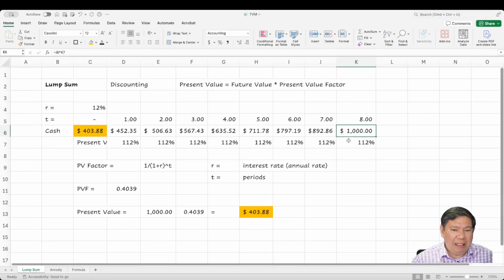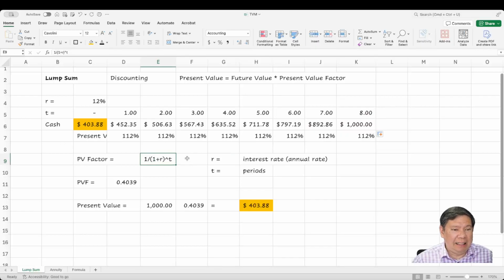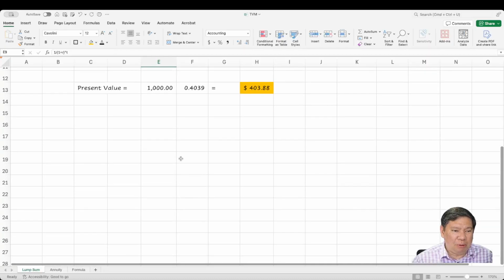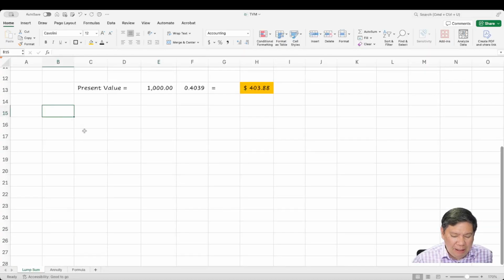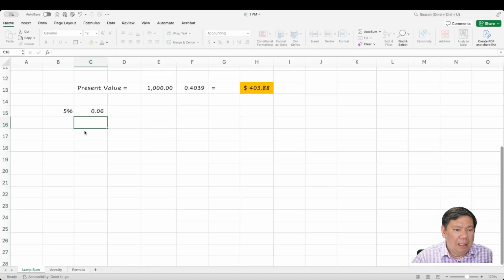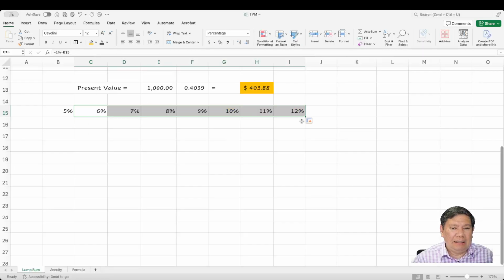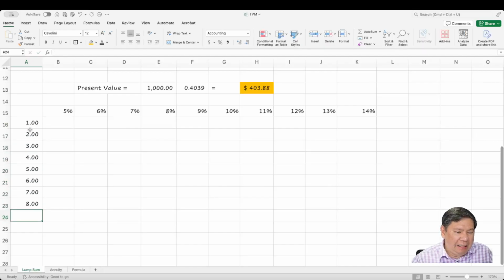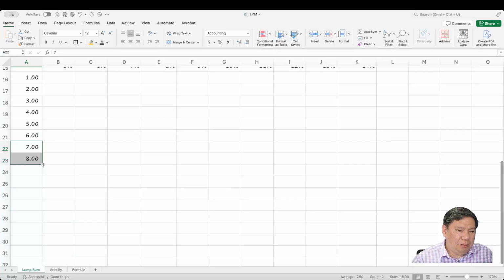This is a simple calculation and you can easily calculate that. Another option is using the table provided by the book. The table will show something like this, for different interest rates and for different years, 1, 2, 3, 4, 5, 6, 7, 8, and keep going to, let's say, 15.